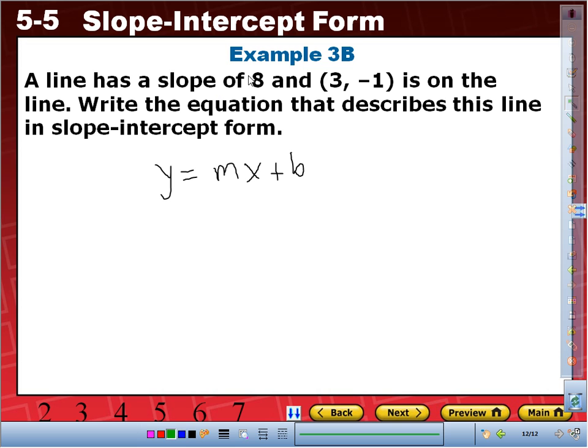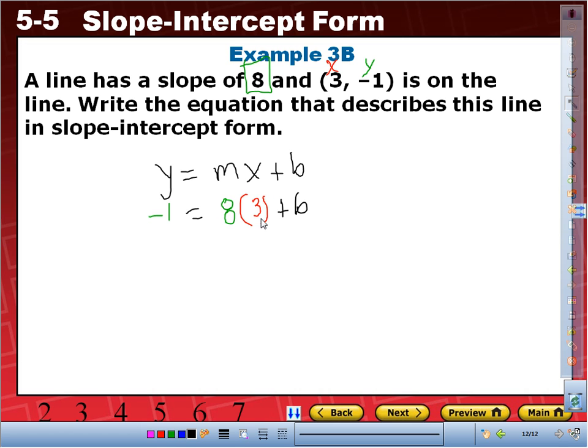All right? What information do they give us? The slope. That goes where? Right there. Do they give us an x value? Yes, it's 3. Do they give us a y value? Yes, it's negative 1. So therefore, I bring everything else down, the equal, the plus, and the b.